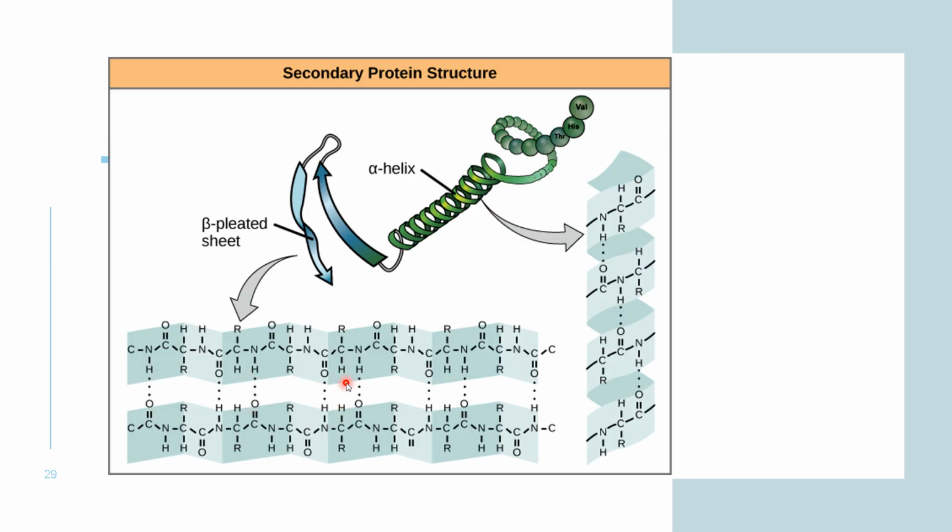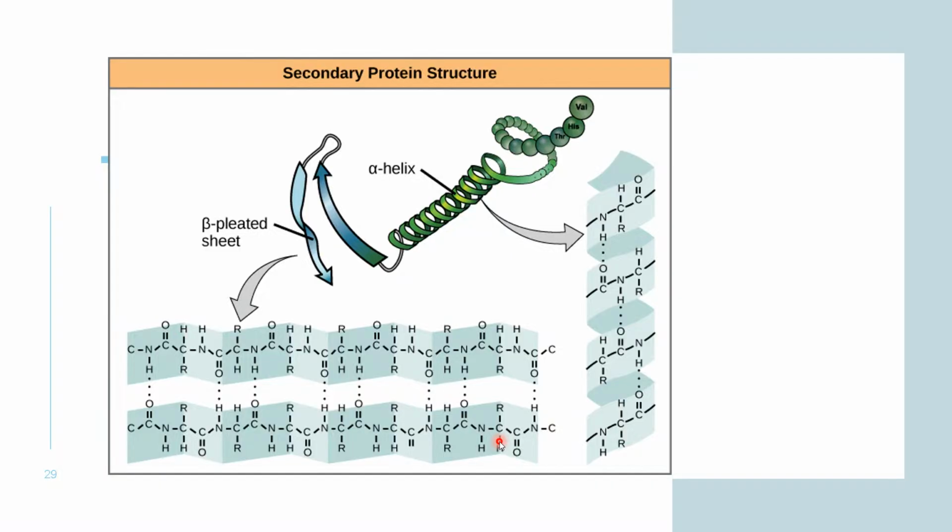The alpha helix is a spiral linkage and the beta pleated sheet is more like a stacking position. So this is how they form hydrogen bonds with each other, stabilizing the secondary structure of the protein. Okay, is it clear how hydrogen bonds are there in the secondary structure of the protein?